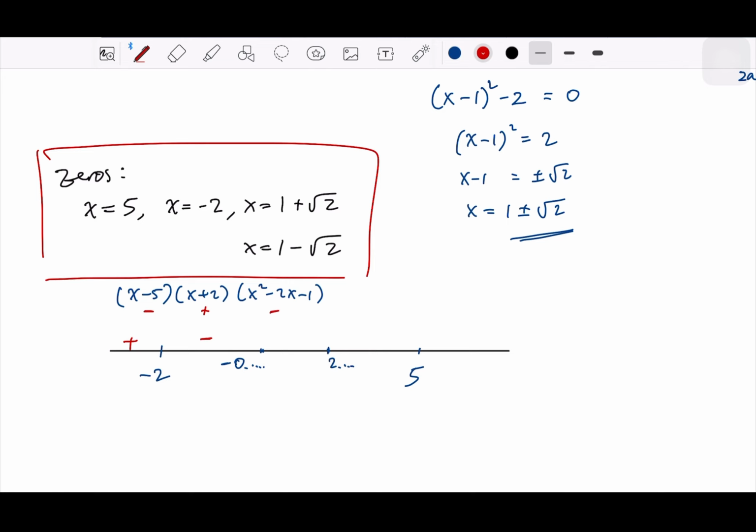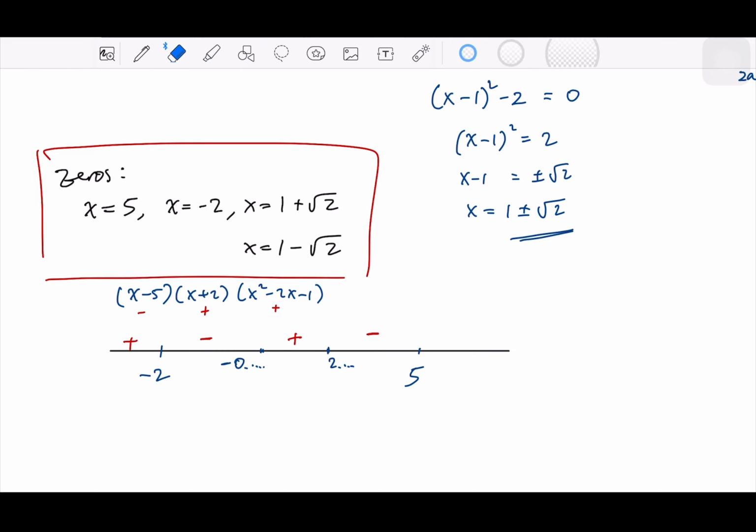So we'll have positive. And then maybe from this point, we could take x equal 3. 3 is negative, positive, positive. So it should be negative.